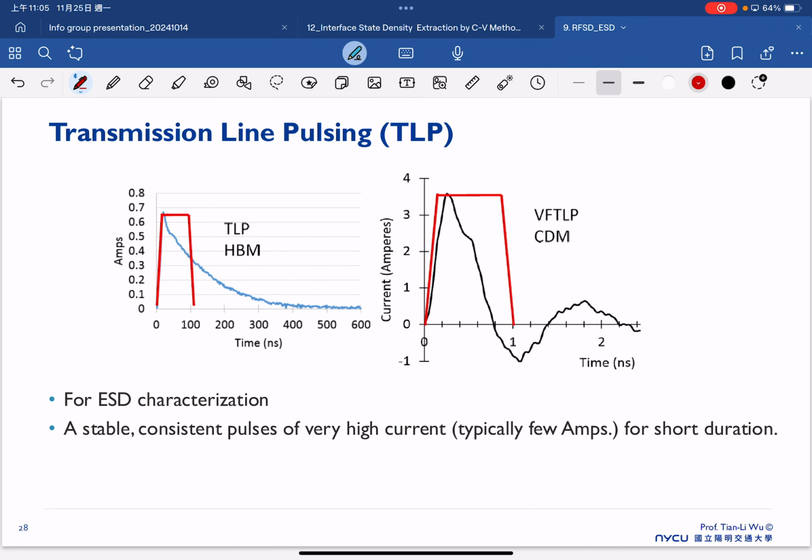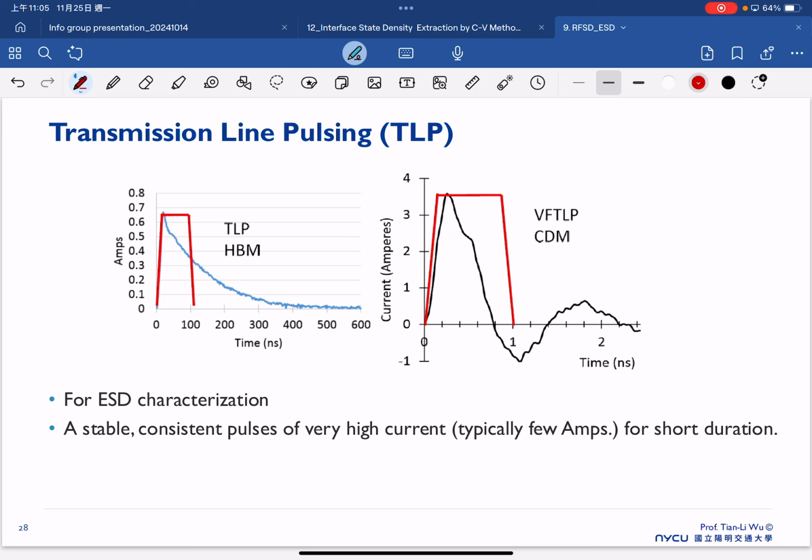Okay, now we will introduce transmission line pulsing. The reason we have to conduct transmission line pulsing is that if you look at the setup for the human body model, the machine model, and the CDM model, you need a very dedicated ESD tester.